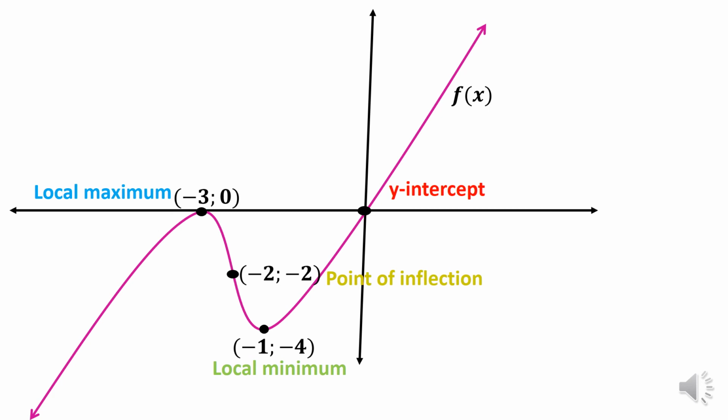At the bottom, I have minus 1 and minus 4, and that is my local minimum. And then I also have my y-intercept, which we know is the origin, which is 0 and 0. And then, as always, whenever you are drawing a graph, you always have to label the function. So I have f of x.